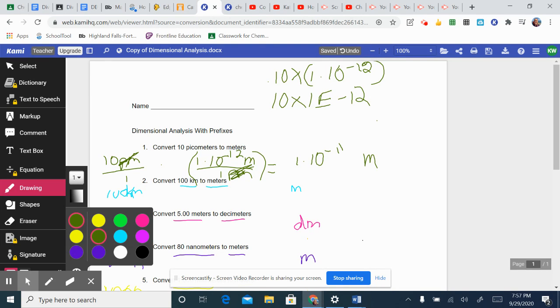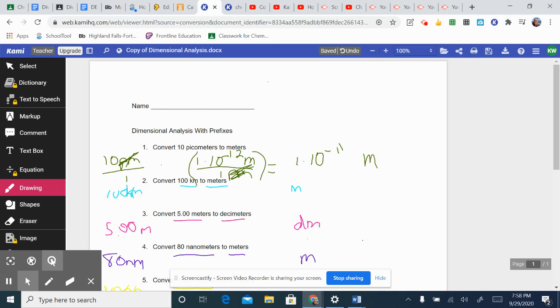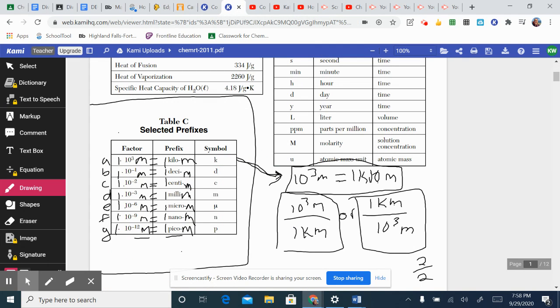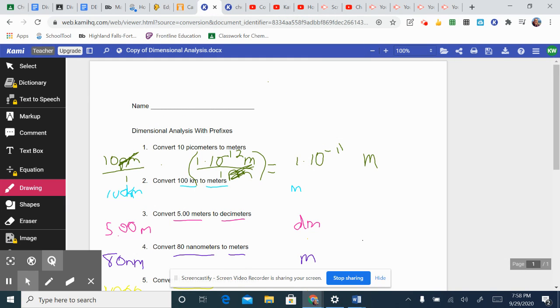Okay, let's try the second problem. For the second problem, our unit conversion, or our conversion factor, is we're going between kilometers and meters. So we need to use the first conversion factor, 1 times 10 to the third meters equals 1 kilometer.